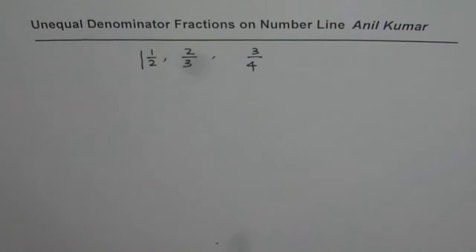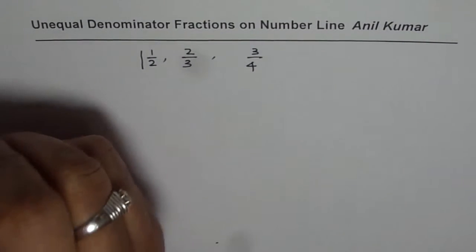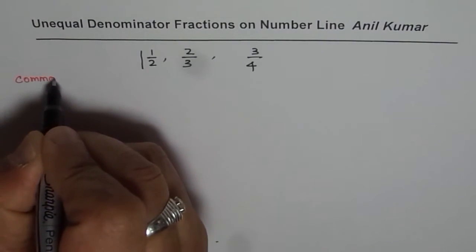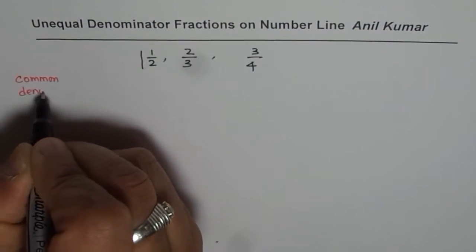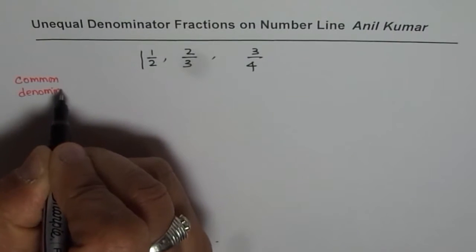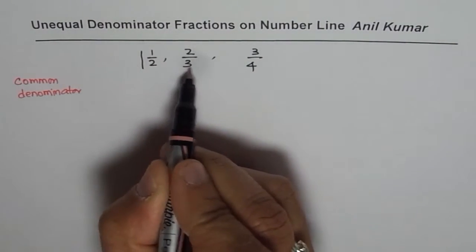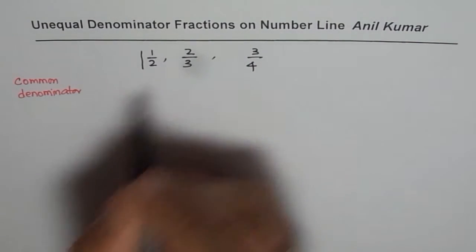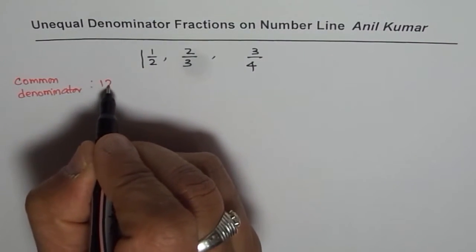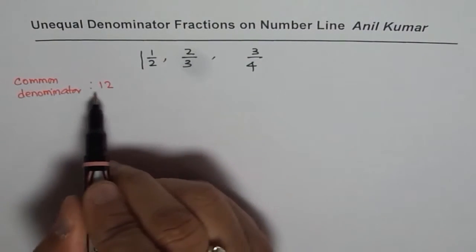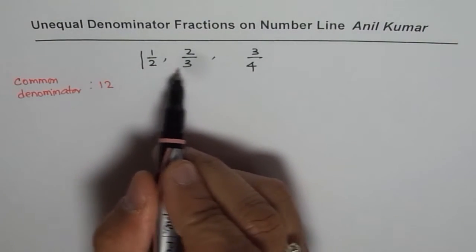Well, the first step is to write these with a common denominator. So we need to find the common denominator. That is the first step. The numbers are 2, 3 and 4. The lowest common denominator for this is 12. How do you find that? Write multiples of 2, 3 and 4.